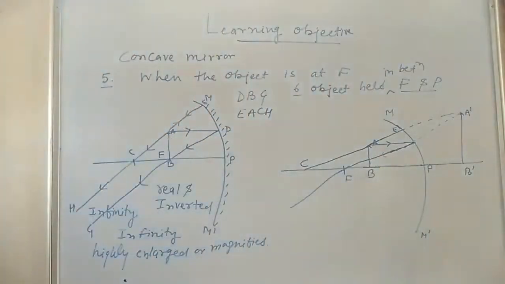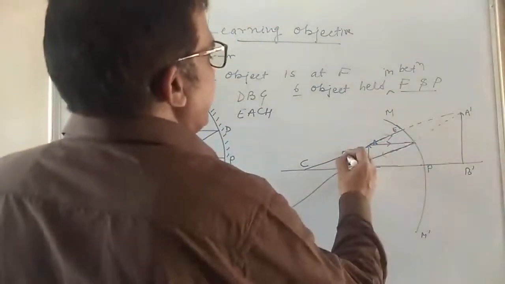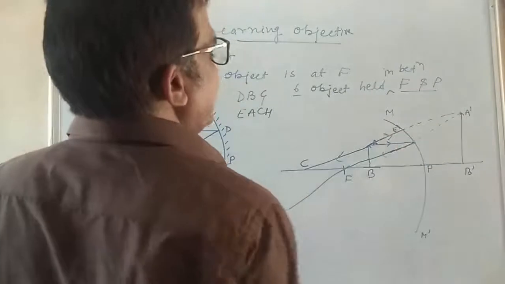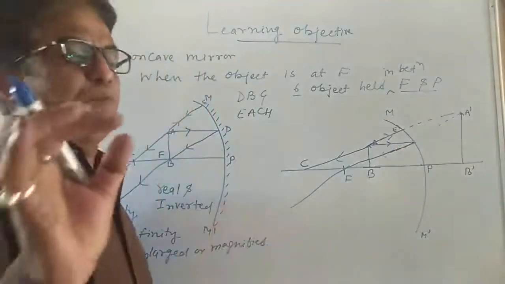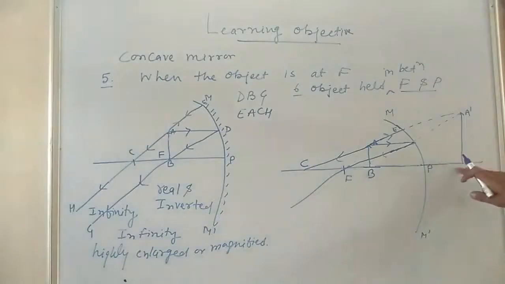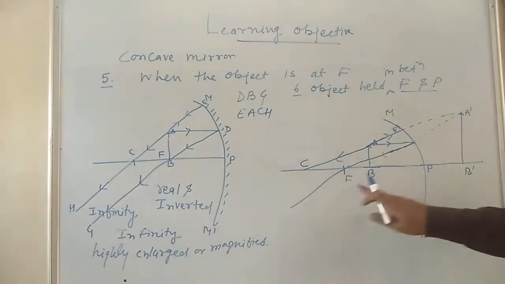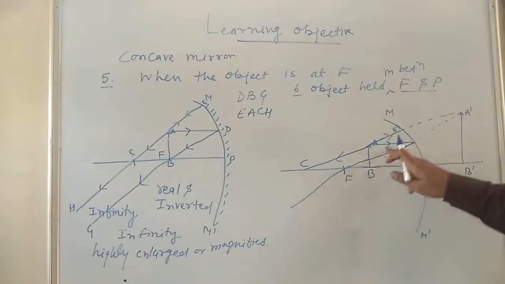So what are we observing? Here I can say it retraces the same path. Direction is very, very important here, my dear children. So see here in this figure, object AB is held between the focus and pole.